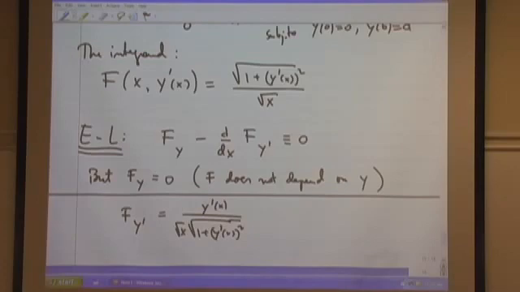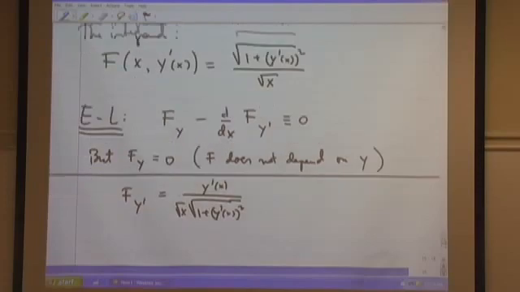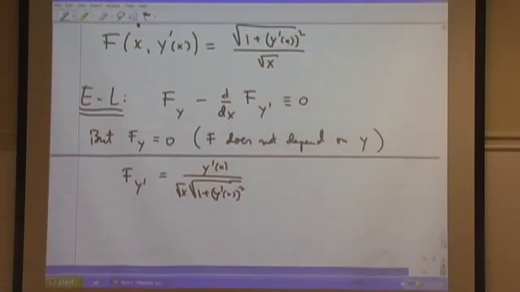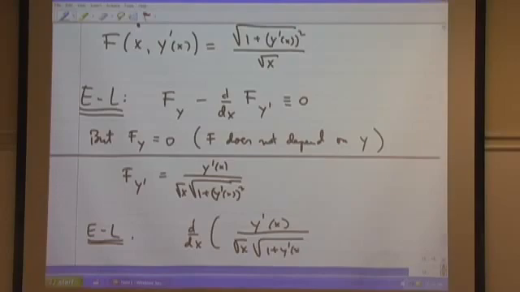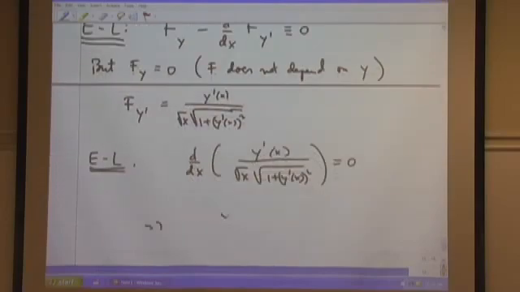So the Euler-Lagrange says the derivative with respect to x of this expression is 0, which means that the expression, the partial of f with respect to y prime, is constant, right?